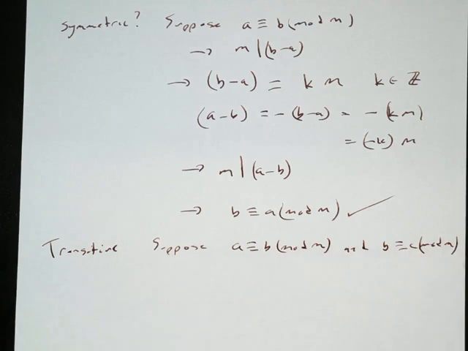How do I end up with A is congruent to C? Let's write out our rearrangements here, right?